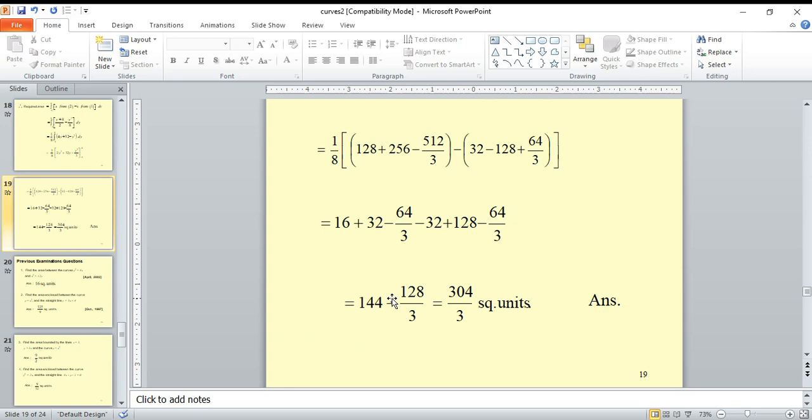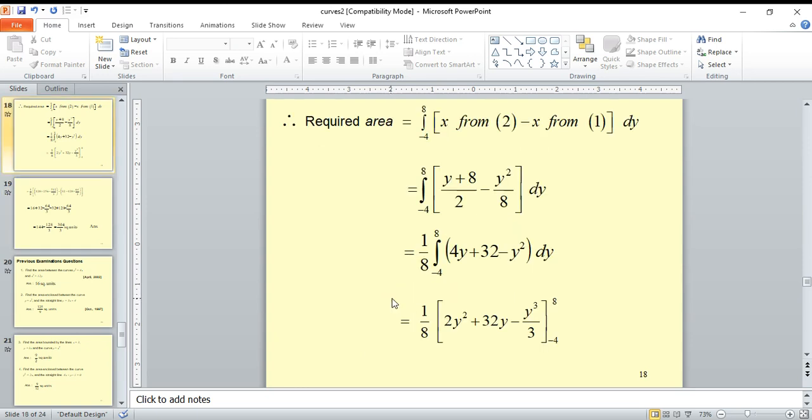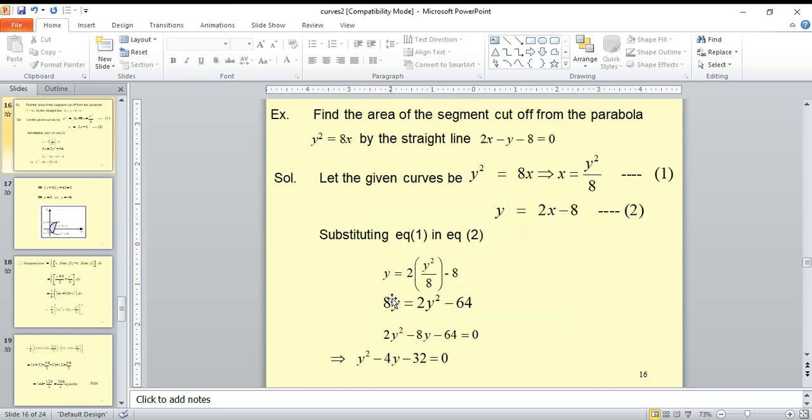I'm repeating this. Find the area of the segment cut off from the parabola y square equal to 8x by the straight line 2x minus y minus 8 equal to 0.